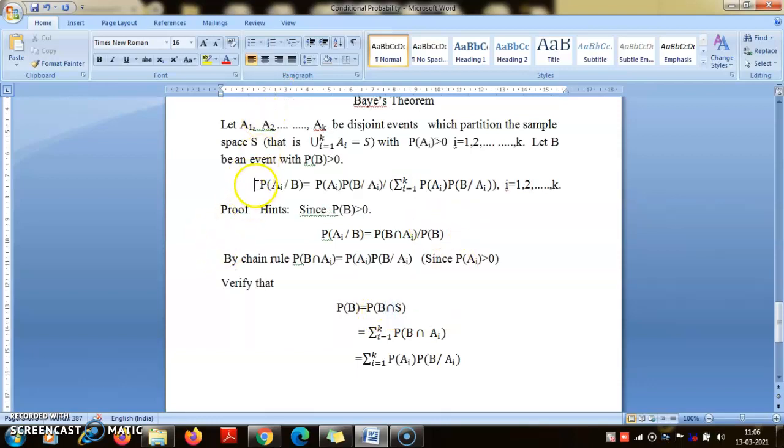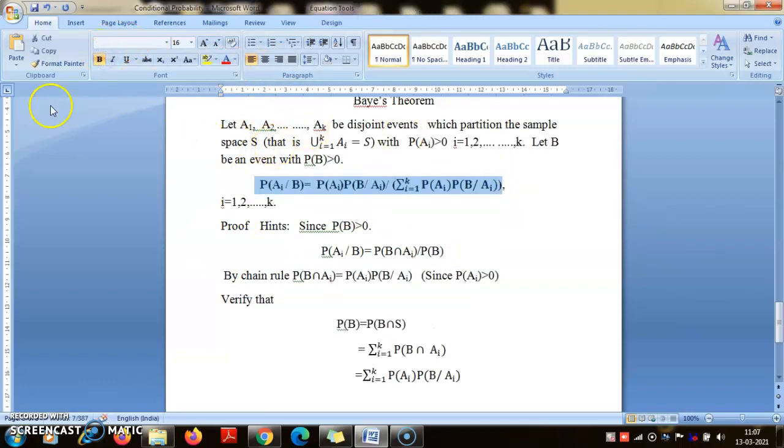So this is an important result in probability theory which goes by the name Bayes theorem. We will continue this discussion and talk about problems, and how this is useful in solving certain problems. Thank you.